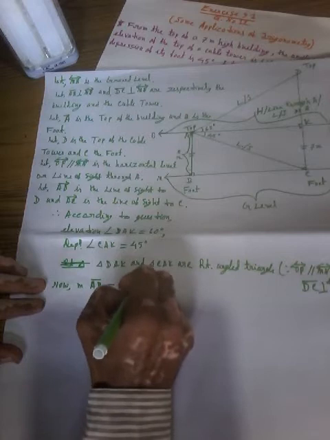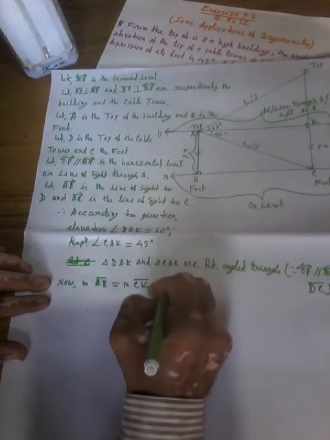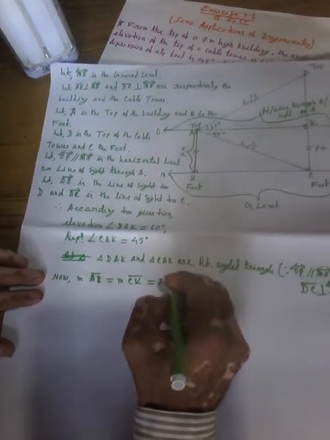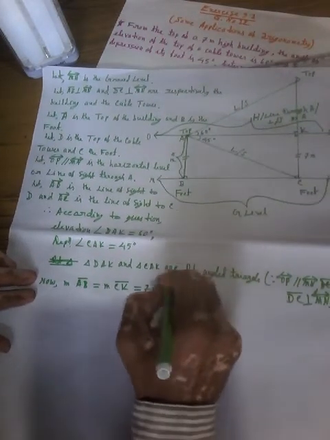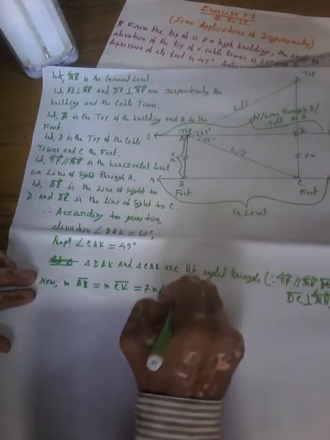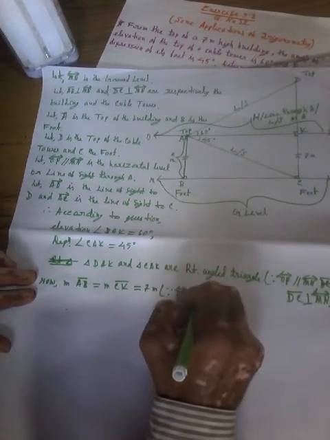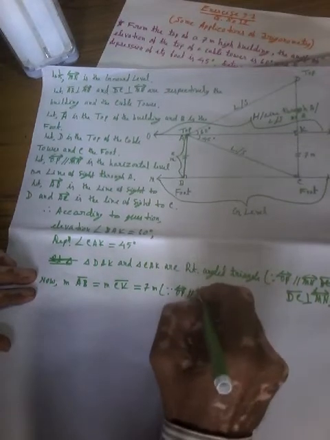Measure of CK is equal to 7 meters. Write within bracket, since OP is parallel to MN.